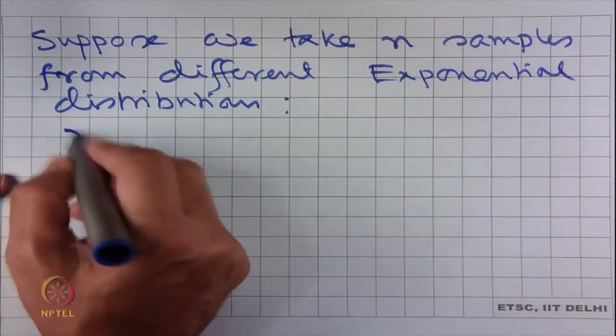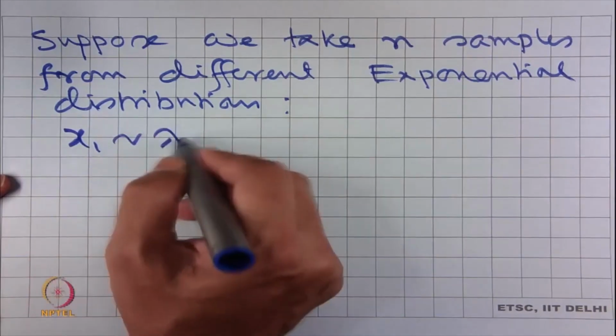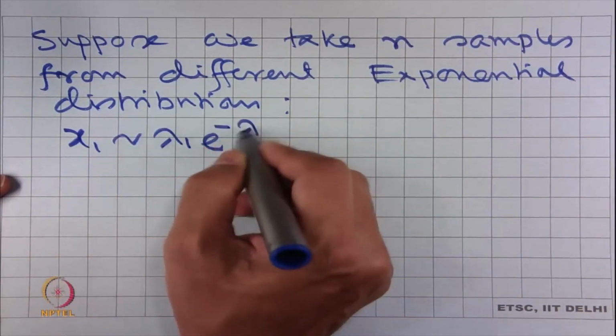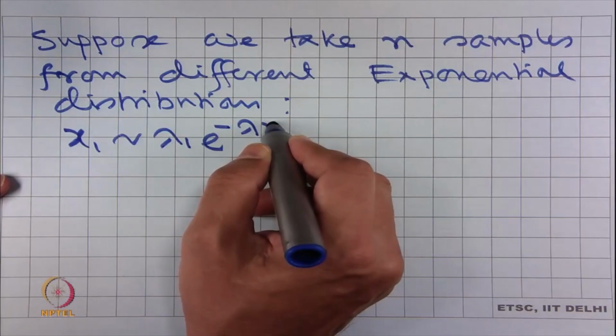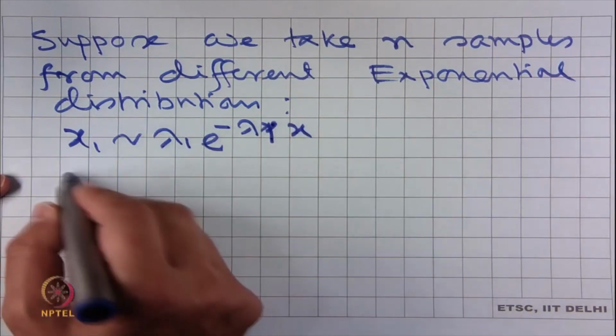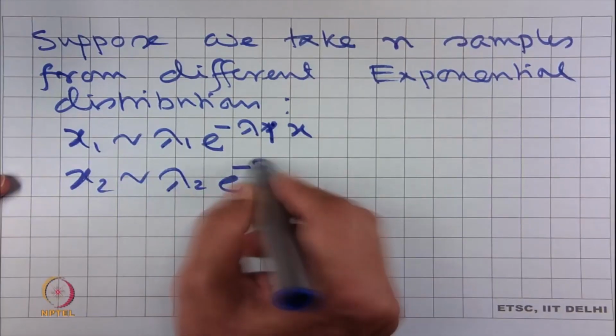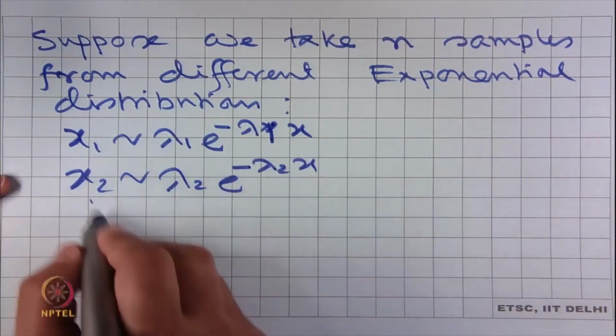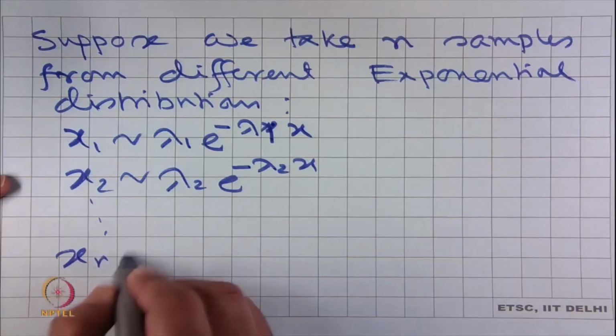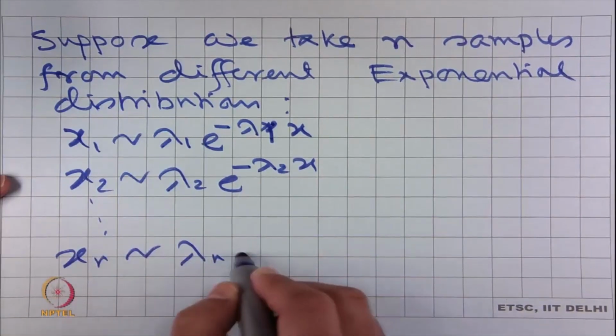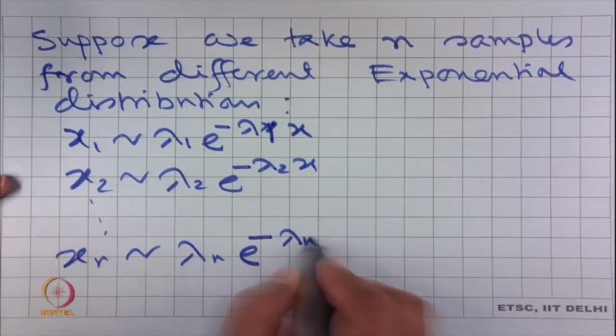Say x1 is from lambda 1 e to the power minus lambda 1 x, x2 is from lambda 2 e to the power minus lambda 2 x, x n is from lambda n e to the power minus lambda n x.